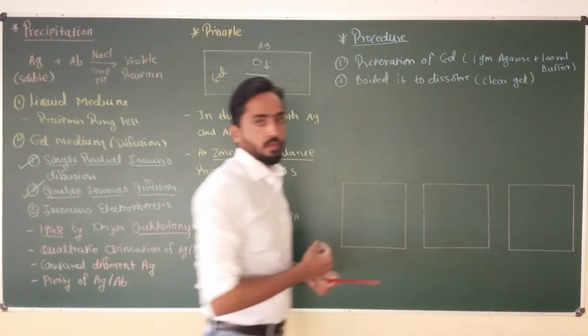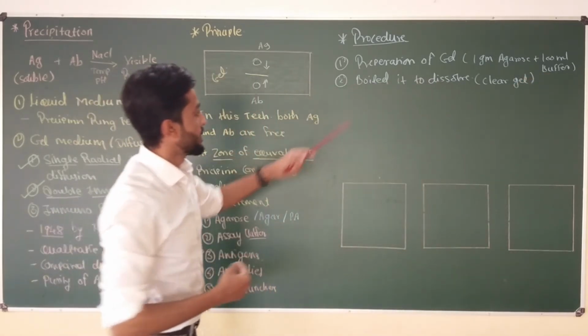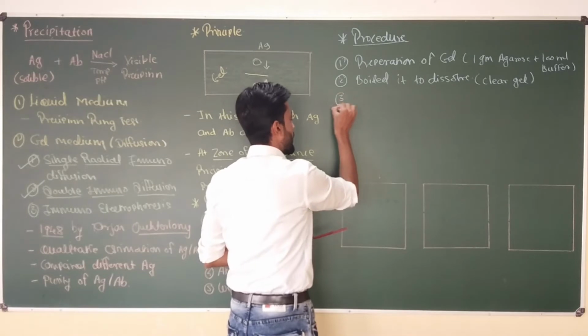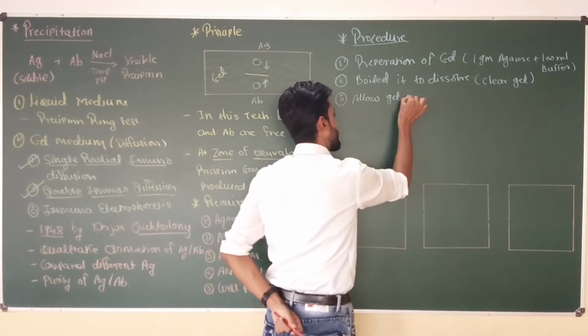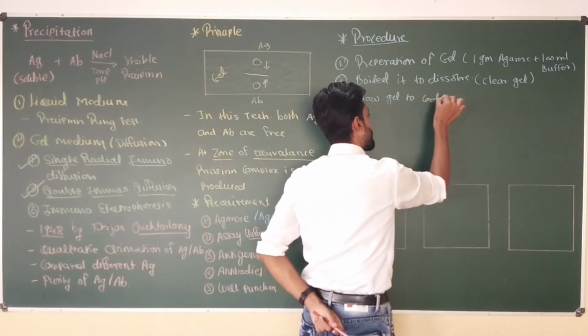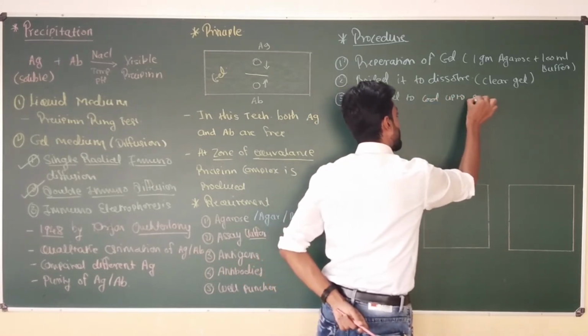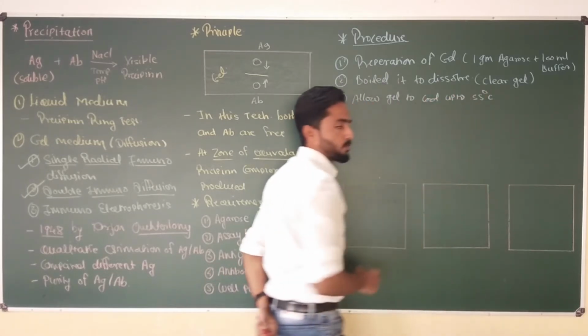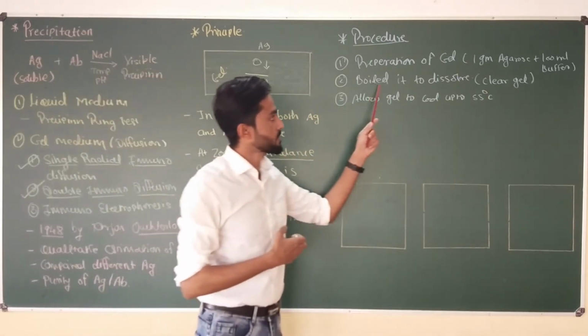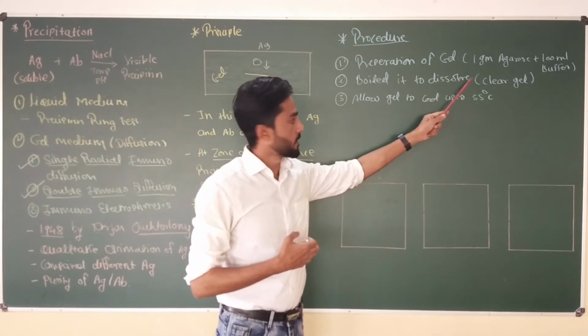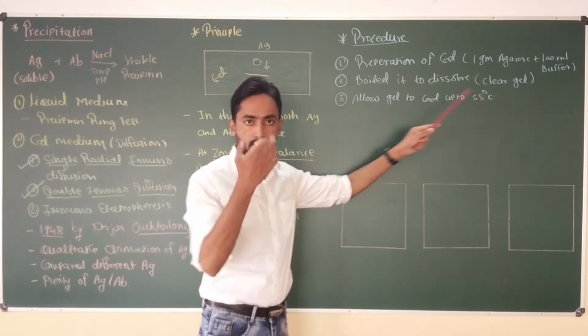After boiling, the third step is to allow the gel to cool to 55 to 60 degrees Celsius. That means you have to decrease the temperature of this gel to 55 degrees Celsius.